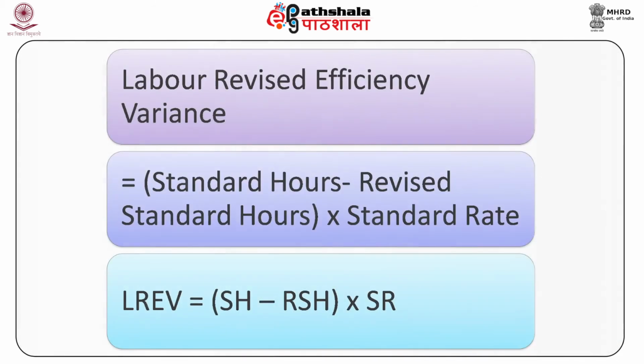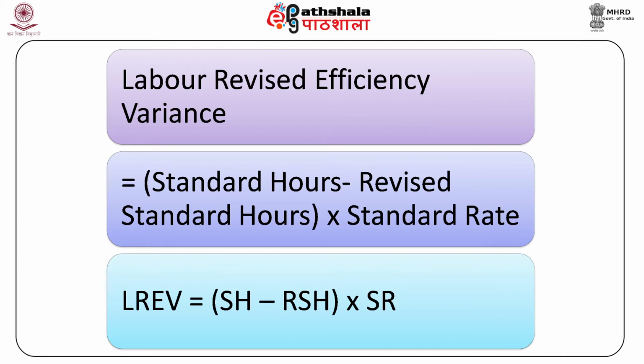It is calculated as labor revised efficiency variance is equal to standard hours minus revised standard hours into standard rate. In short, LREV is equal to SH minus RSH in brackets into SR. This variance would be adverse when the revised standard hours are more than the standard hours and vice versa.